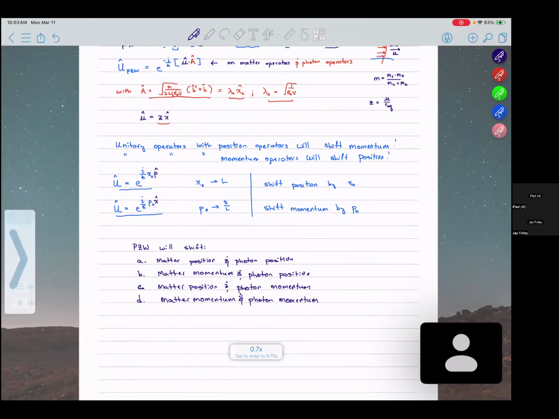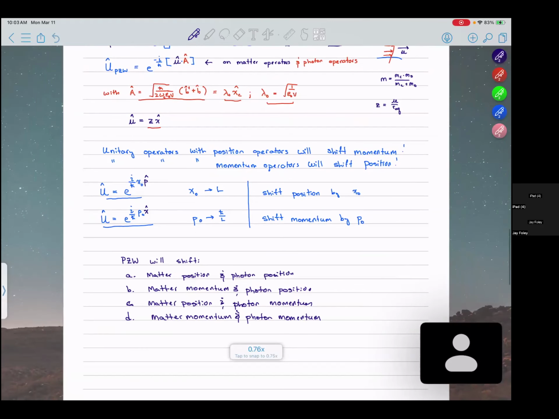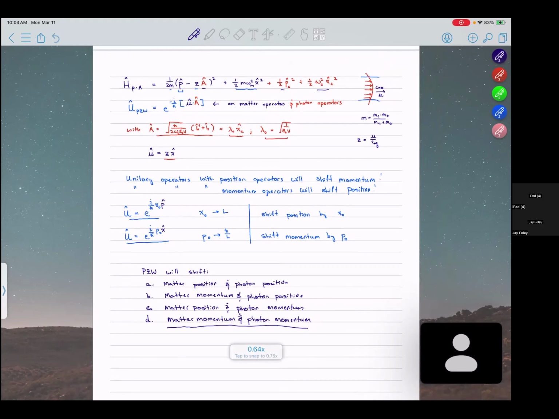So if my PZW as a unitary operator contains a matter position operator and a photon position operator, then it will shift the matter momentum and the photon momentum. So the correct choice is D. All right. So hopefully you believe that just based on the rules, but let's actually apply it. I mean, let's actually see why it's the case.